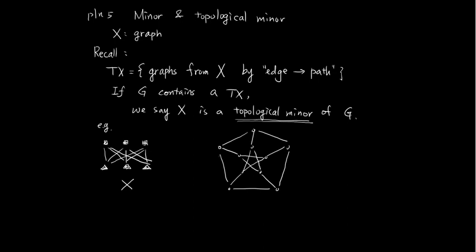If you recall correctly, the Petersen graph contains a Tx, a TK33. And how do you do that? You can say, okay, I want this vertex to be a triangle, and because this is a triangle, I want all its three neighbors to be the squares.